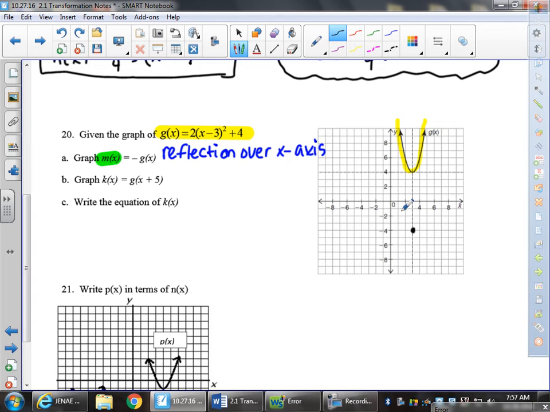Has any other kind of change happened other than the reflection? No. So do the best of your ability to sketch the same width. Nothing else has happened. And with that, we have successfully reflected over the x-axis.